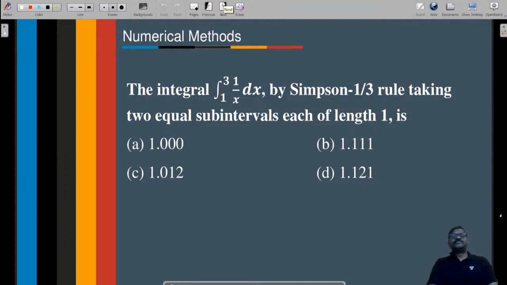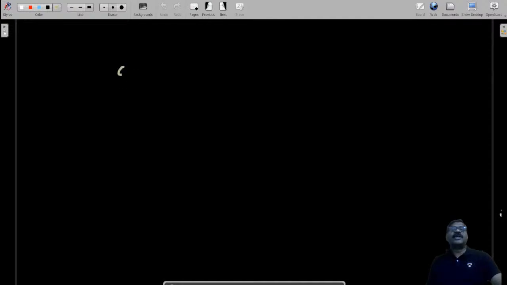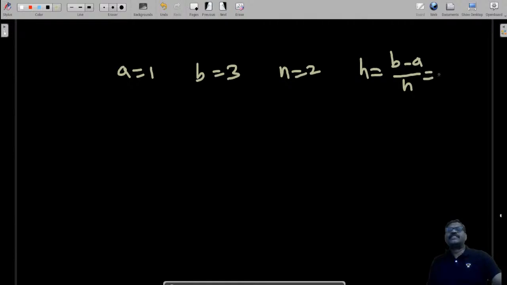Next problem. The integral 1 to 3 1 by x dx by taking two equal subintervals each of length 1. Two equal subintervals. So here a is 1, b is 3, number of subintervals are 2, h is equal to b minus a by n, that is 3 minus 1 by 2, that is 2 by 2, that is 1.